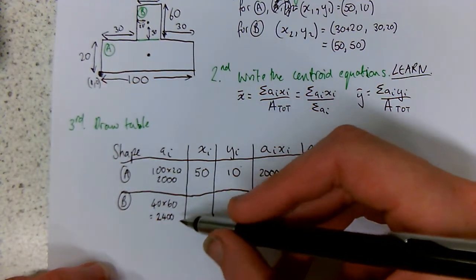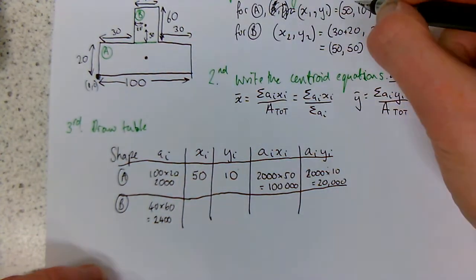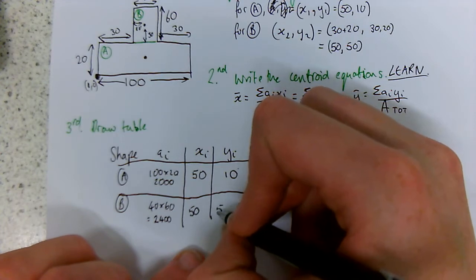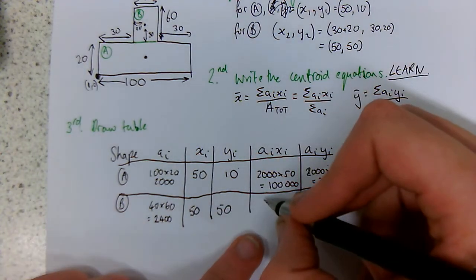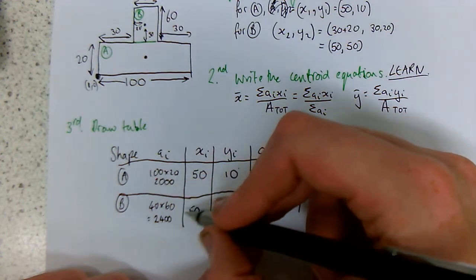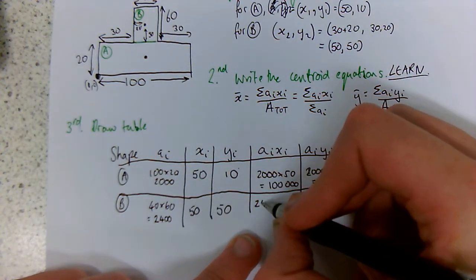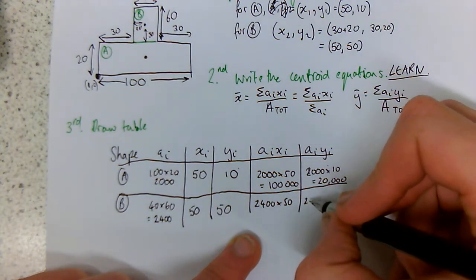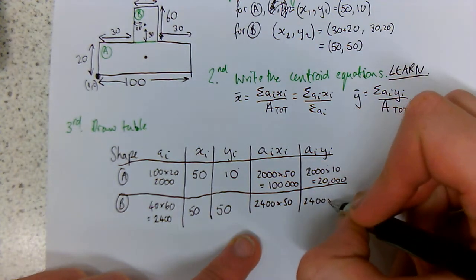That's why this second one is so much larger. Now the centroids we calculate as 50 and 50. We need the area times the x. So this is this area times this x. That's 2,400 times 50, and then 2,400 times 50.